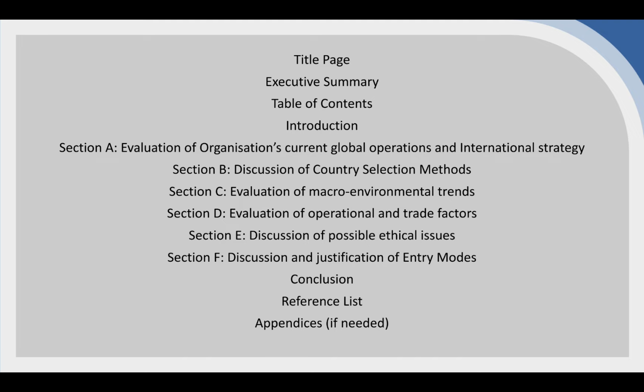And then moving on to the main body, I would suggest that the first thing that you want to do is really to evaluate what the current organizational international strategy is and what the current state of affairs with the company's global operations are. So your recommendation should make sense in the context of how your company or your organization is currently operating.